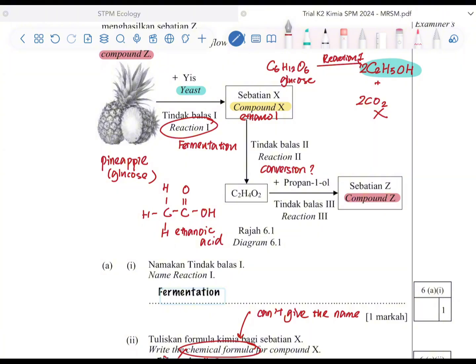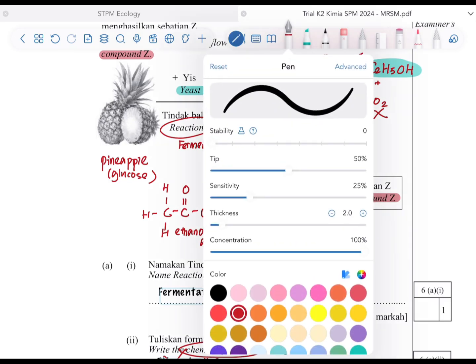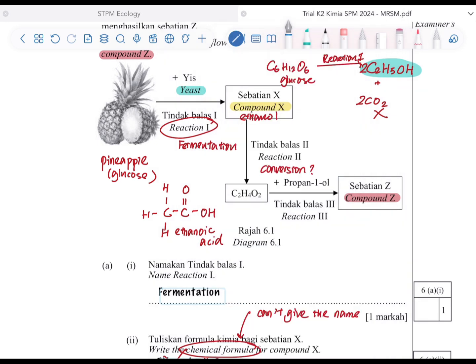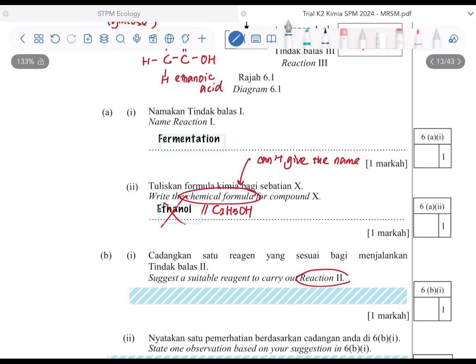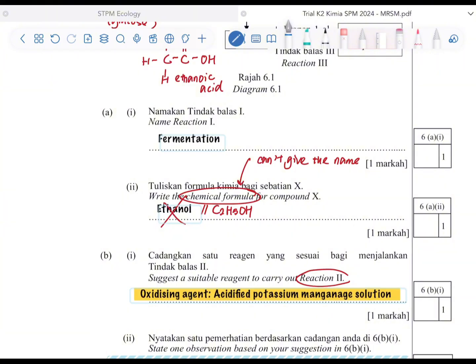So in order to let the ethanol become ethanoic acid, you need to do a reaction known as oxidation. So if you want to carry out the oxidation reaction, you need an oxidizing agent. So the answer for this question, you need to list out the oxidizing agent. So let's see what is the oxidizing agent.